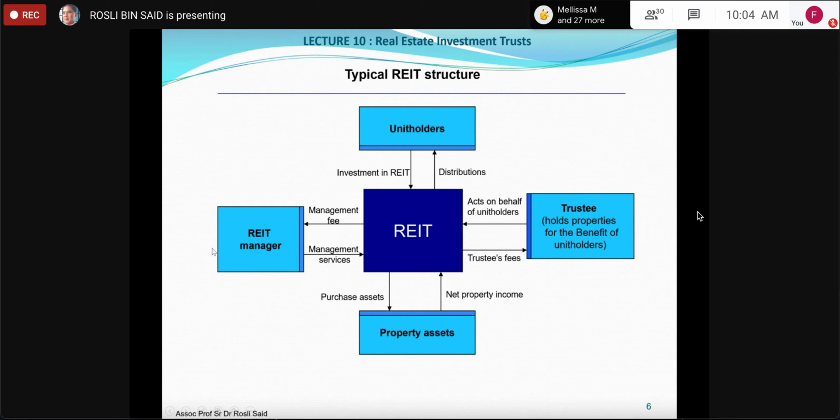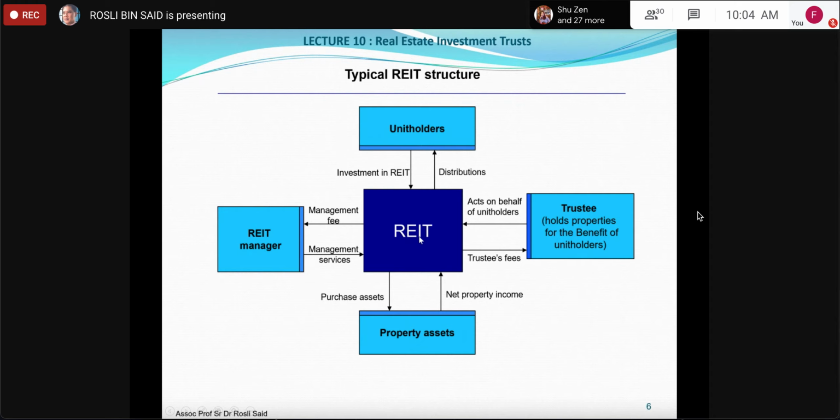But the REIT manager usually comes from a real estate firm, or they can set up their own REIT manager here, in the REIT management section. So basically, the manager must be registered under the board of valuers. Otherwise, they can outsource to existing real estate firms to manage a REIT company.